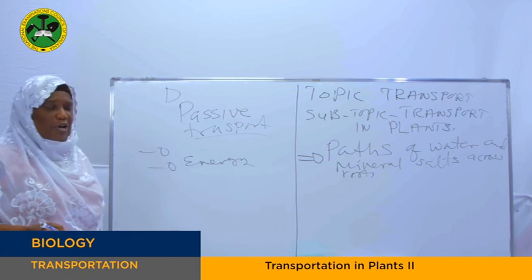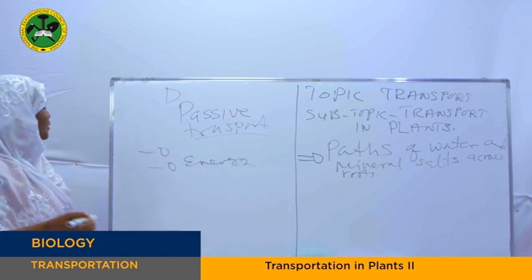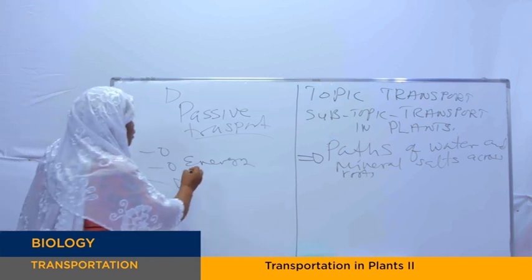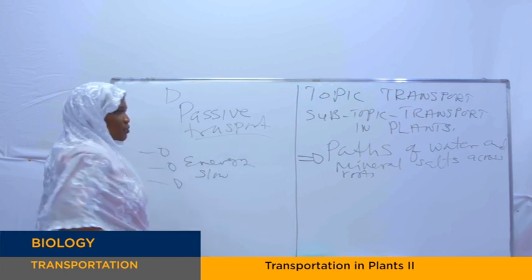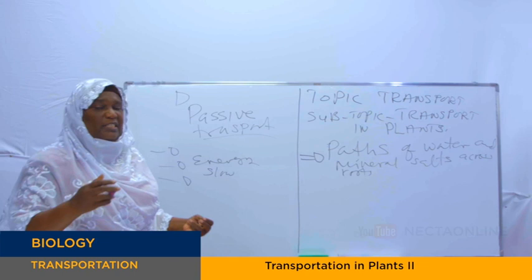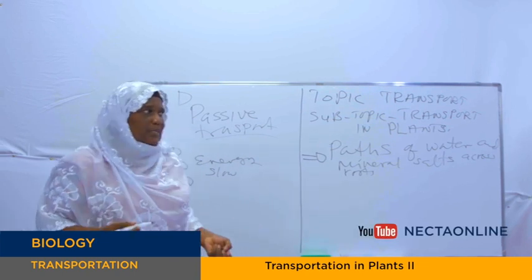But apart from that, energy is not employed in passive transport, and the process is slow. When I say slow here, I mean that movement of materials is not rapid compared to active transport.